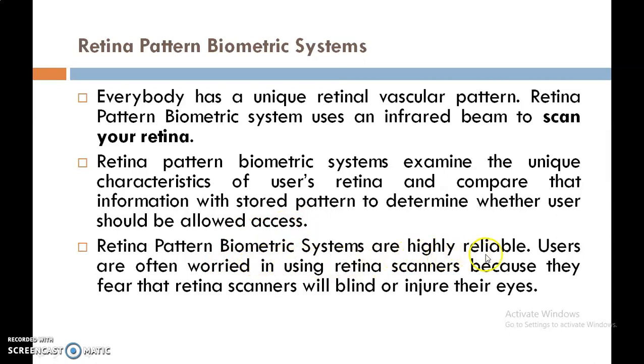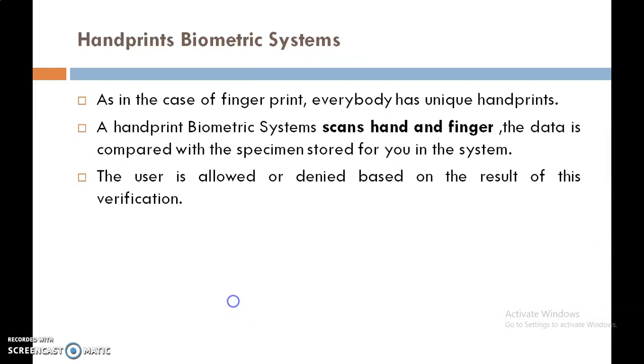These systems are highly reliable. But the drawback is that users are often worried about using a retina scanner because they fear it will blind or injure their eyes. That's one of the drawbacks of the Retina Pattern Biometric System.